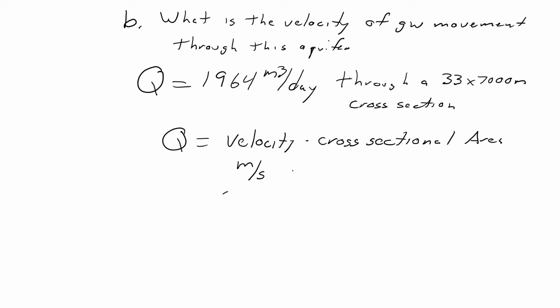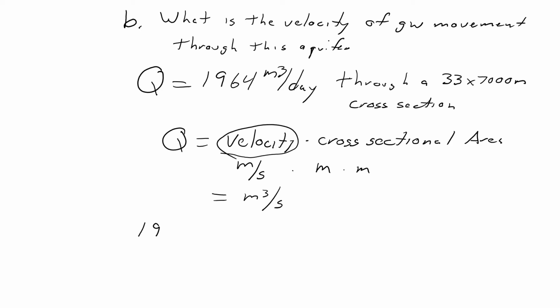Cross-sectional area, width times depth, or meters times meters. If you multiply this together, you get a volume over time, which is exactly what we want. So what we want to ultimately do is solve for velocity.